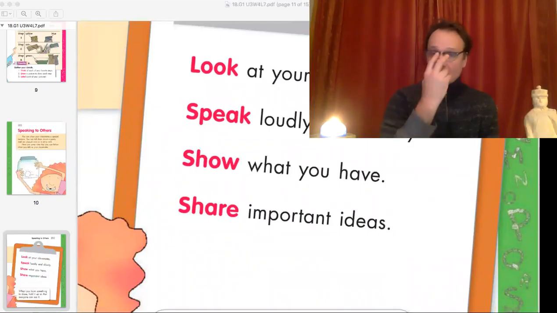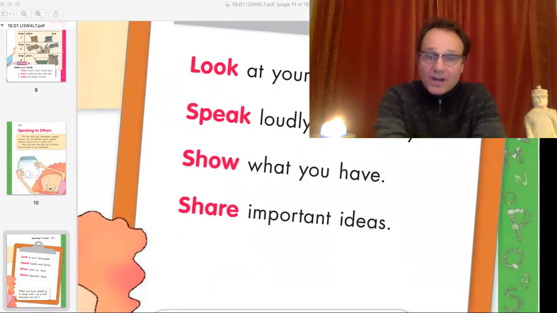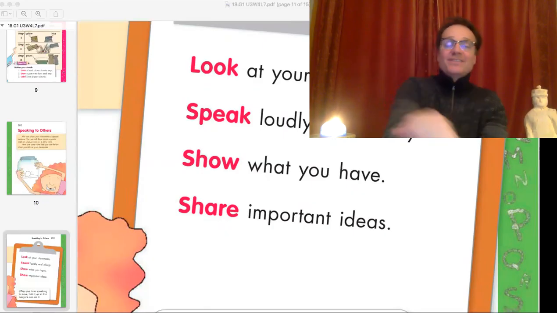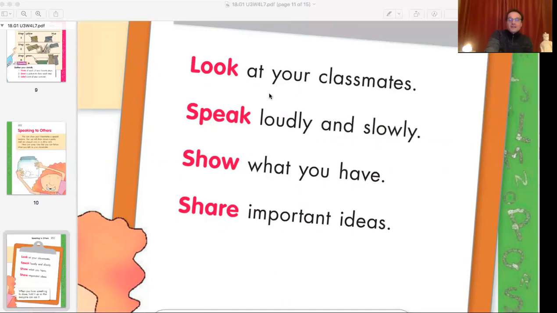You're going to look right at your classmates with your eyes. Try to look right at them when you're talking. Speak loudly and slowly. Show what you have. And share important ideas. Okay, those are when you're talking to your class or other people.